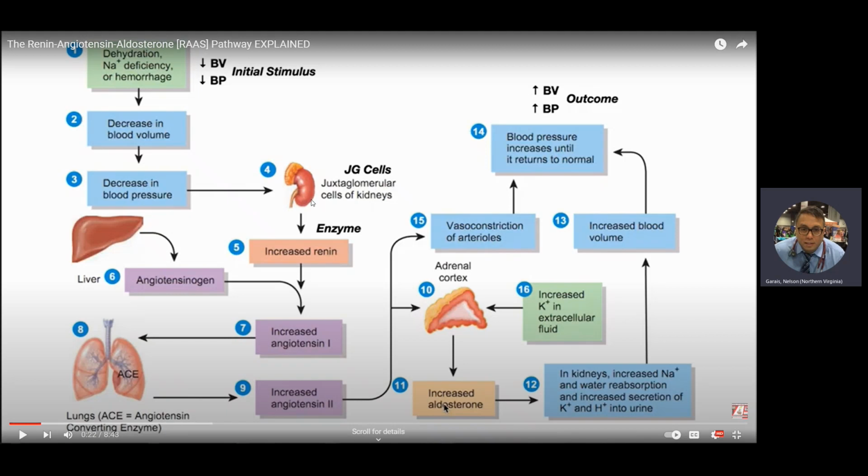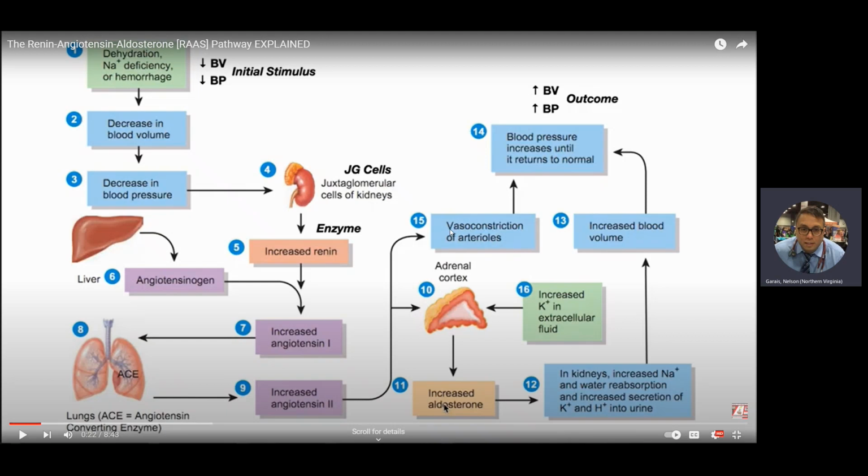JG cells. Because remember, what are the 2 things that the JG cells always look at? Salt and water, and blood pressure. So if they see salt and blood pressure drop, it's going to do what? Oh, I've got to release renin. And then the liver releases angiotensinogen, and then angiotensin 1 turns into 2 after it goes through the lung.